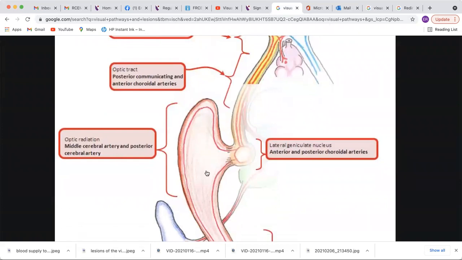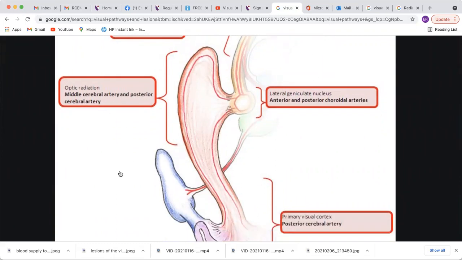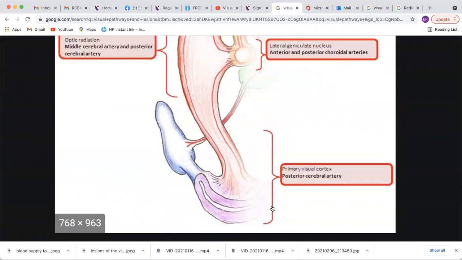The Meyer's loop is supplied by the middle cerebral and the posterior cerebral artery. And this last bit, both the optic radiation and the visual cortex, are supplied by the posterior cerebral artery.